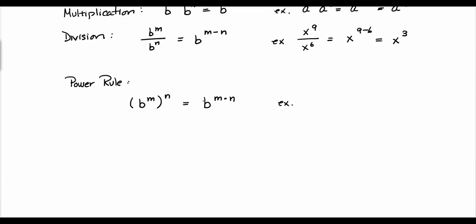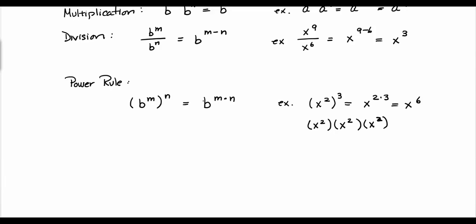So for example, if I had x squared, and I raise that to the 3rd, I get x to the 2 times 3, or x to the 6th. Right, because what we're really saying is, remember, anytime we're raising it, it's x squared. We're doing it 3 times what's inside the parentheses.